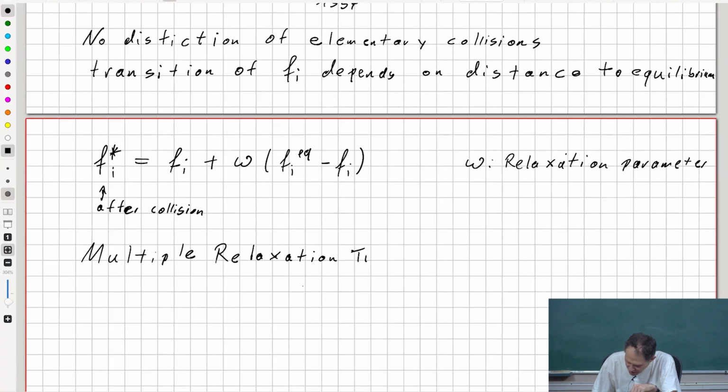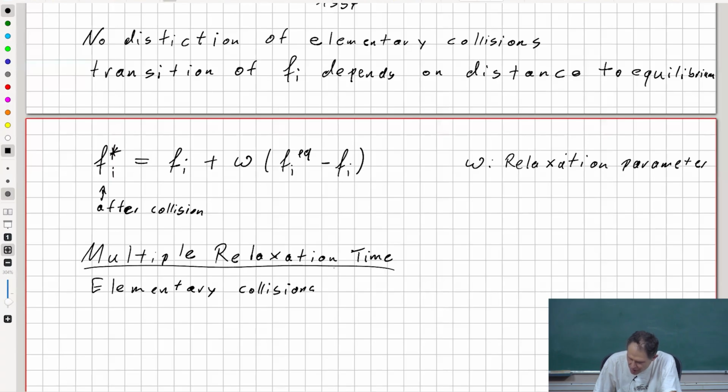Here we express these elementary collisions as statistical moments.